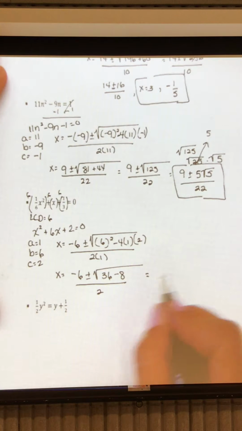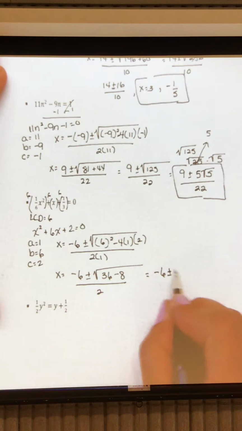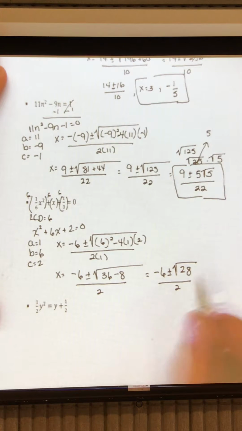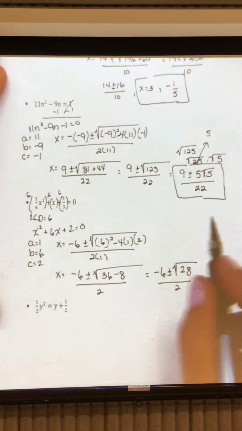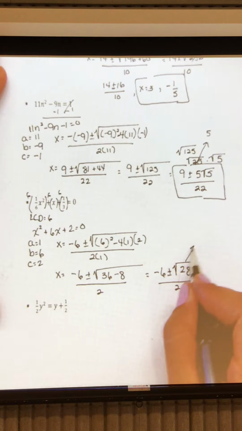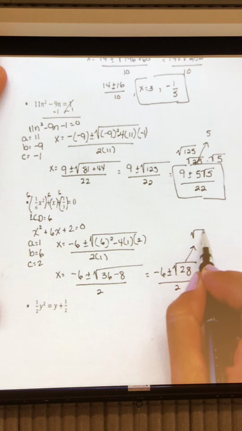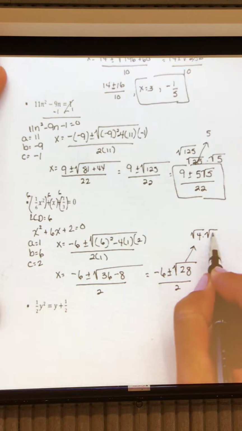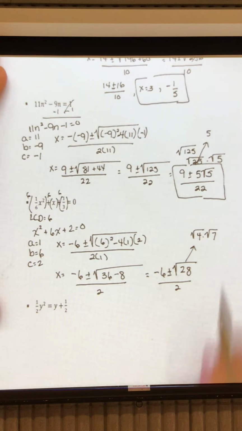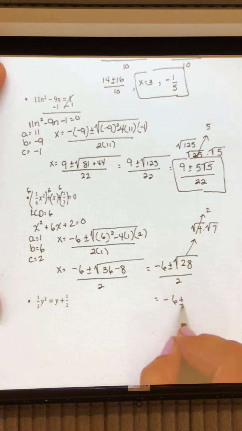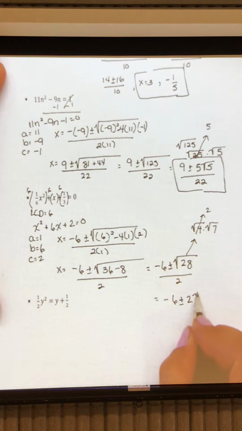So we have here negative 6 plus or minus square root of 28 divided by 2. And again, 28, we can break up into square root of 4 times square root of 7. We know square root of 4 is equal to 2. So we have negative 6 plus or minus 2 times square root of 7 over 2.